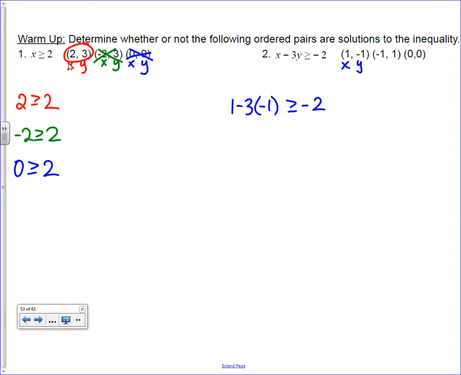Should be positive 4. Isn't -3 times -1 a positive 3? So that's 1 plus 3, which is... Type it in your calculator, folks, if you don't trust yourself. Okay, true or false? That's true, isn't it? Okay, second ordered pair.